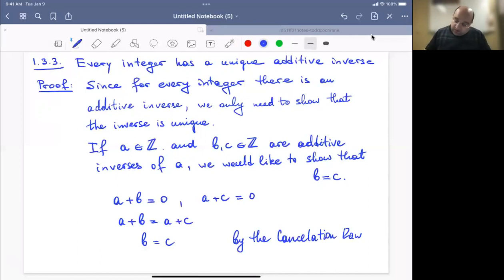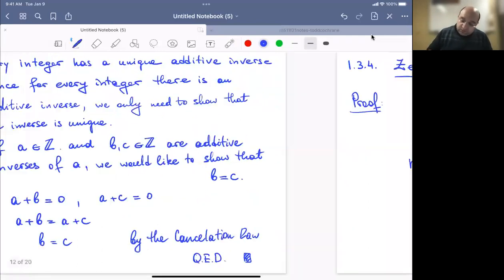Okay, and that's it. So that means the inverses are unique.